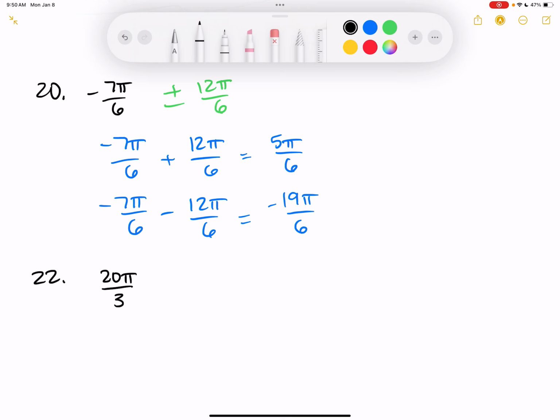What's something that's equivalent to 2 pi, that's something over 3? Gotta stay in radians, given to you in radians. Yep. 6 pi over 3 is going to be equivalent to 2 pi. So I'm adding or subtracting 6 pi over 3 because that's equivalent to 2 pi.